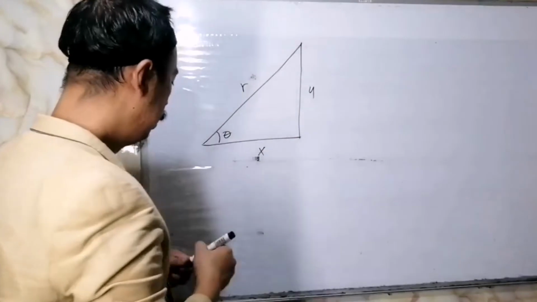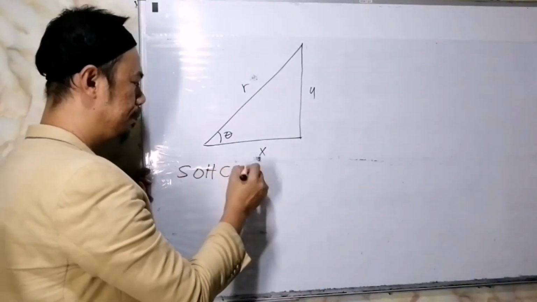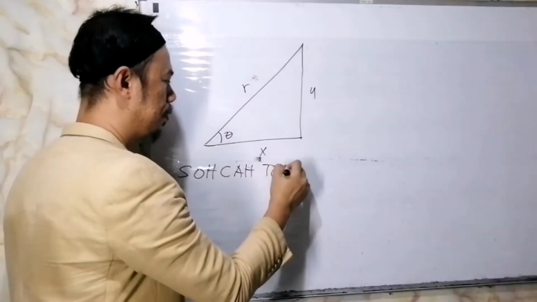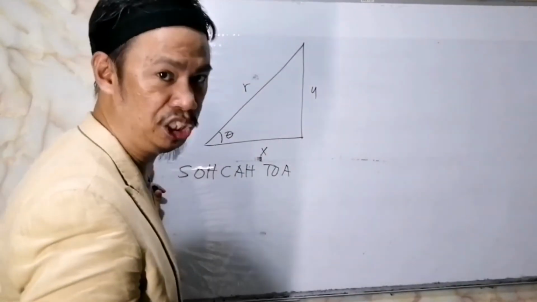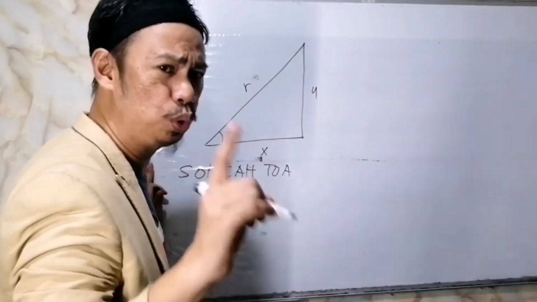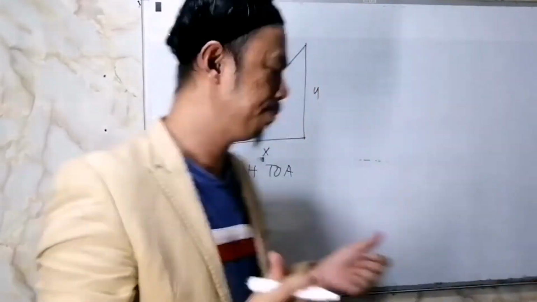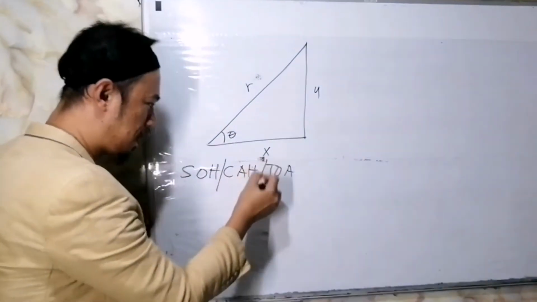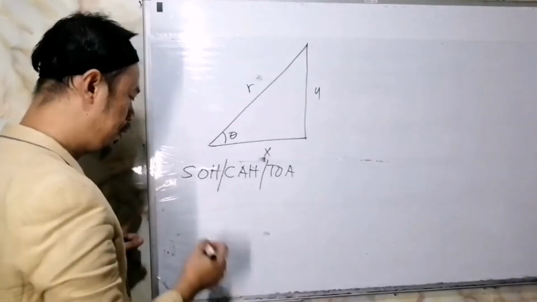If you still remember your SOHCAHTOA, you can understand the vectors immediately. I want you to put this into your mind that you have to remember the SOHCAHTOA. Let's start with the SOH.